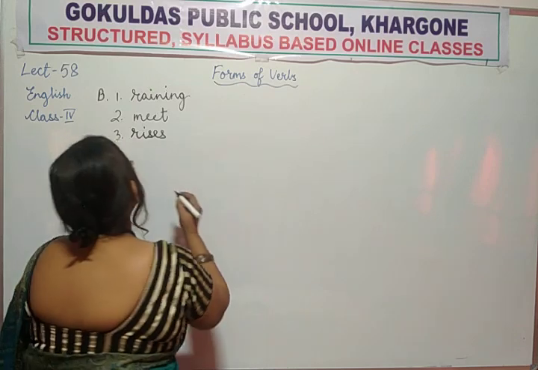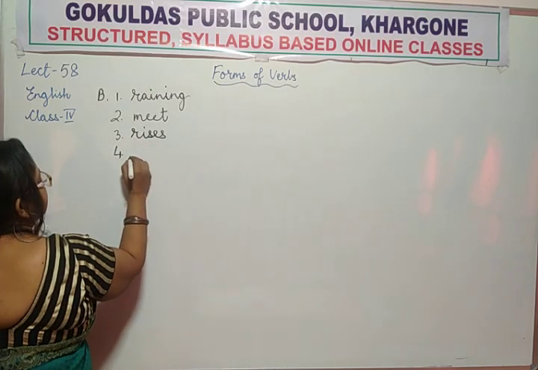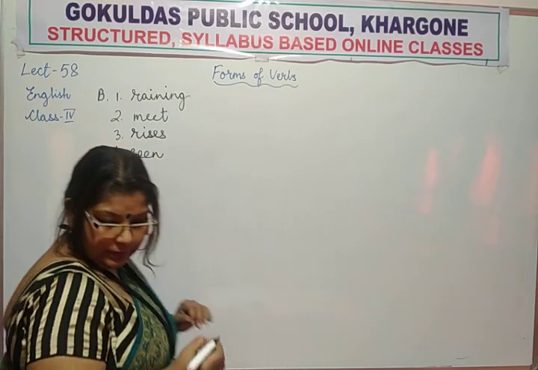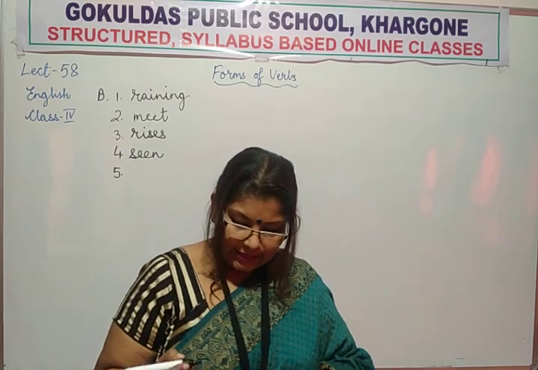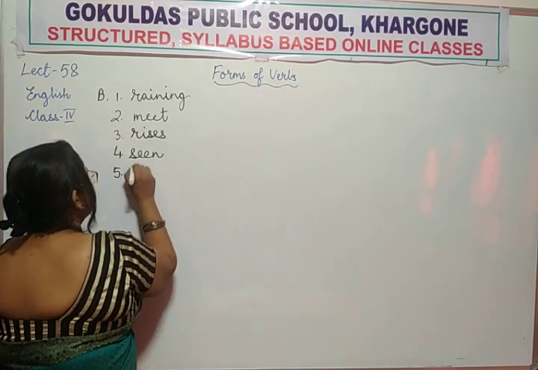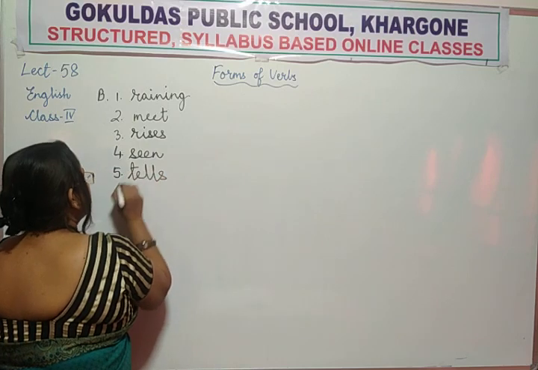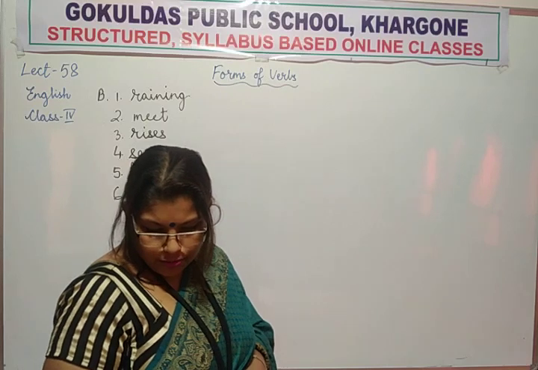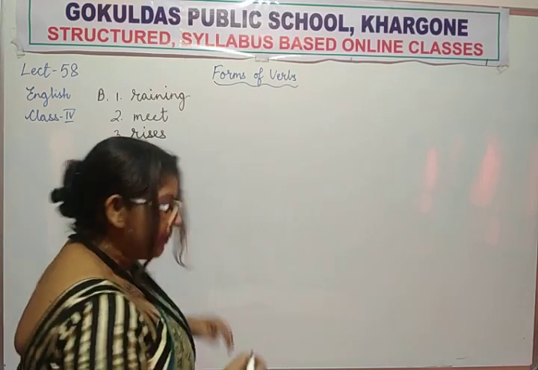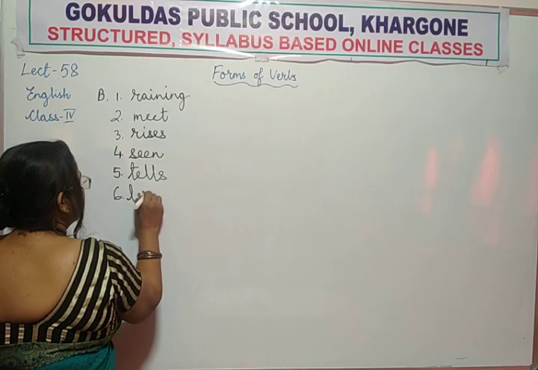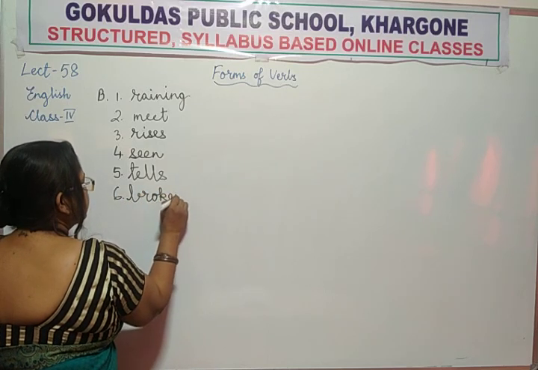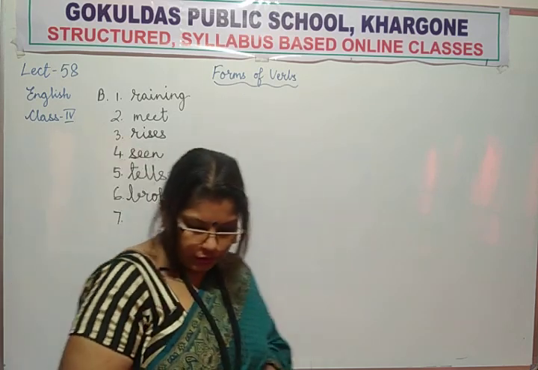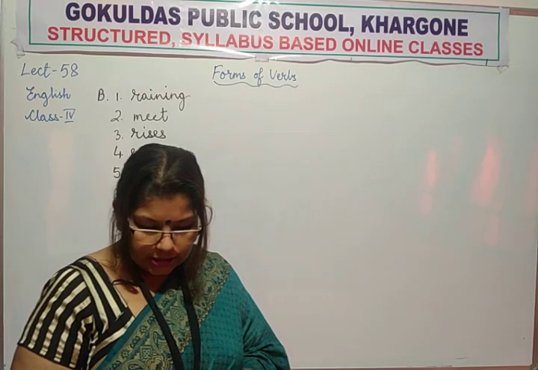Have seen. So it becomes past participle. So it is seen. Number 5. She never tells a lie. So it becomes tells. Number 6. Who has broken the chair? So break becomes broken. You have to read the sentence and identify which tense it belongs to. The police caught the thief.